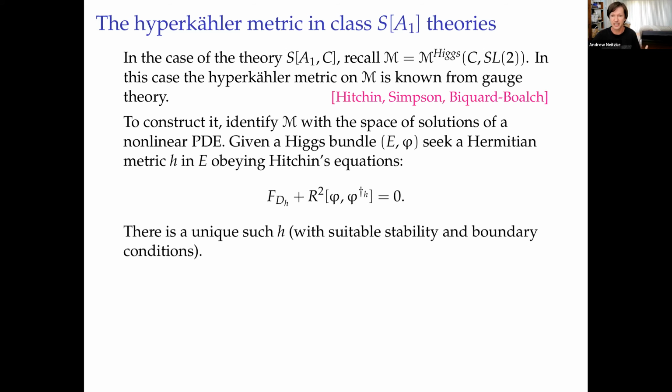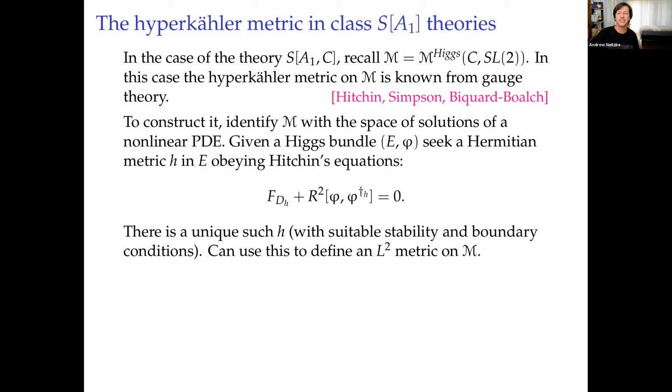Because SLN is non-abelian, particularly SL2 is non-abelian, this is some elliptic nonlinear PDE. But then the big theorem is that there actually is a unique such metric once you impose appropriate boundary conditions and appropriate stability conditions. And so you can identify M with the space of solutions of this equation.